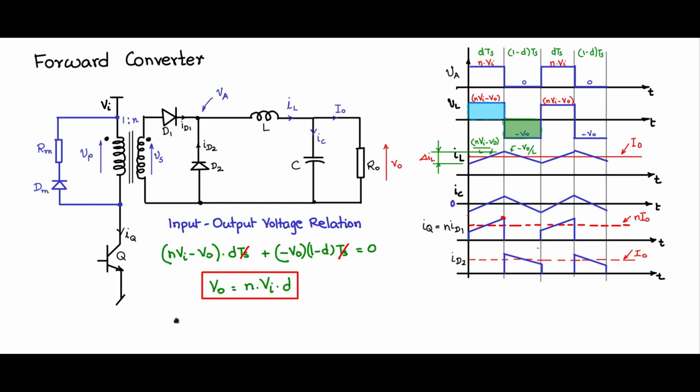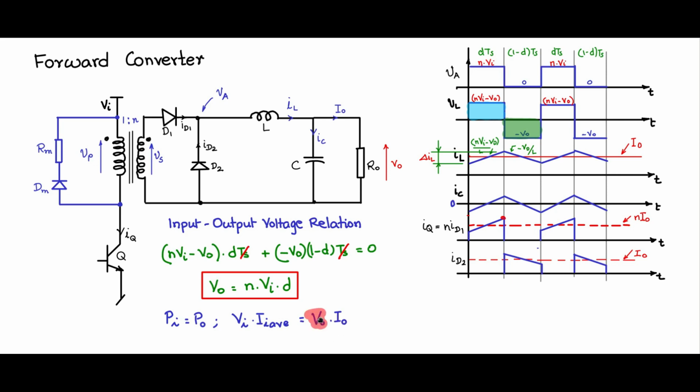In the same manner, we can also get the input-output current relationship. We can use the power balance, Pi equal to P0, which means Vi into II average, because the input current is switched and therefore its average is II average, is equal to P0, which is V0 into I0.